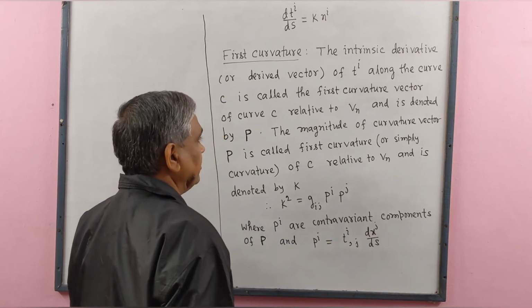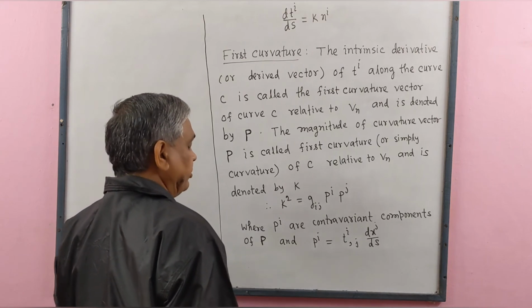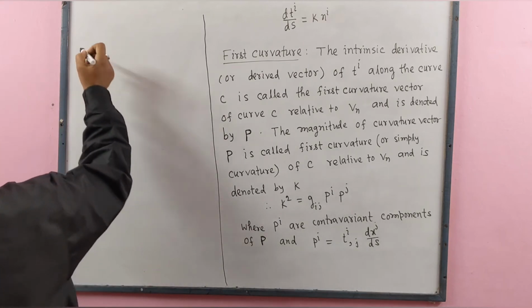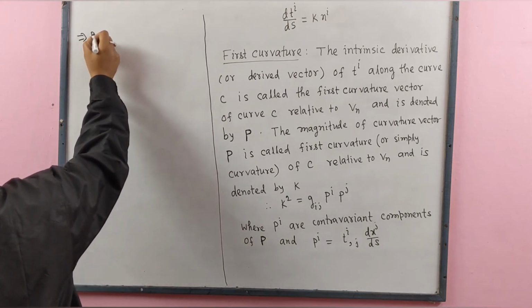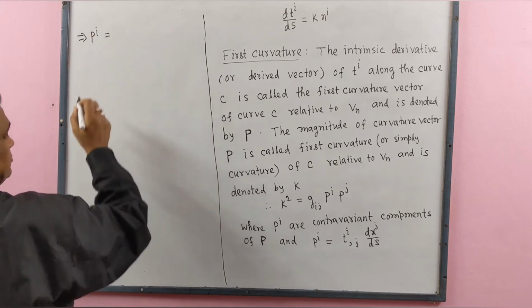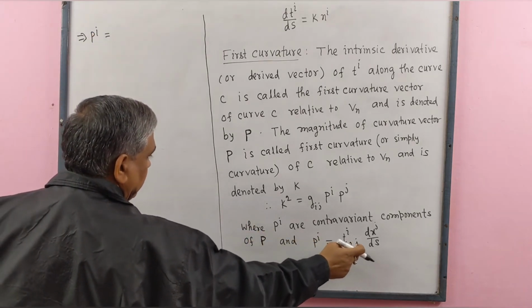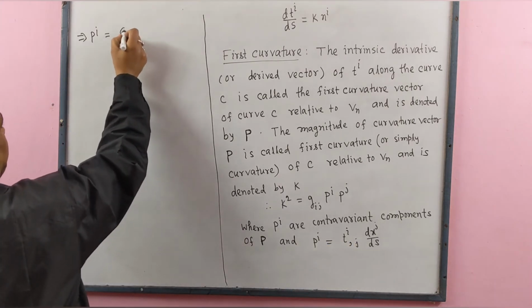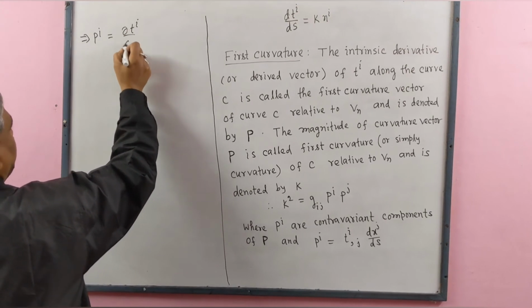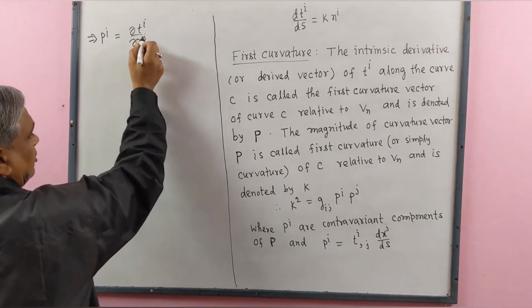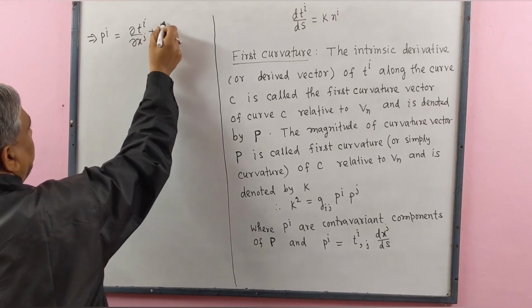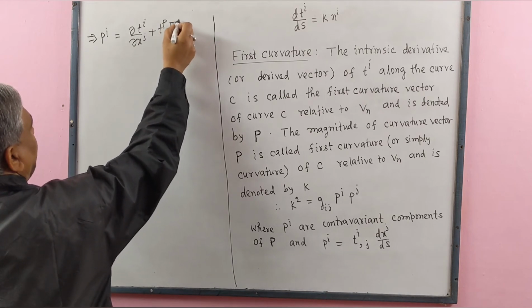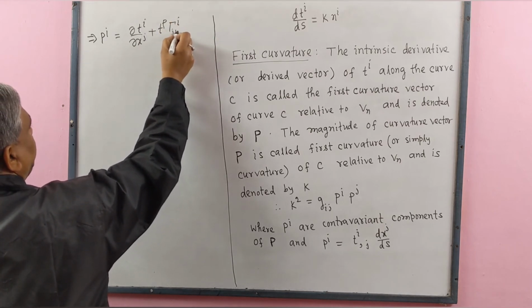This is the intrinsic derivative. Now we calculate this. Pi equal to, first we calculate covariant derivative of Ti with respect to Xj, del Ti by del Xj plus Tp Christoffel symbol of second kind i, jp.